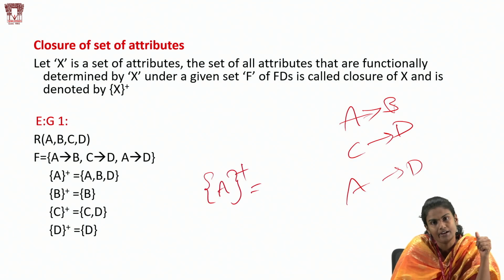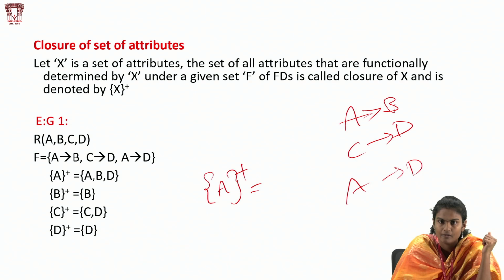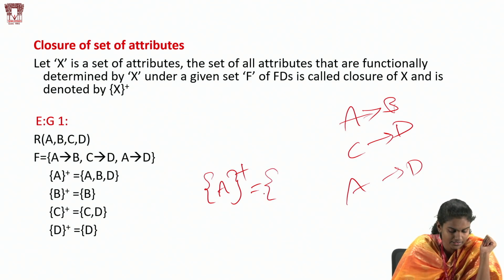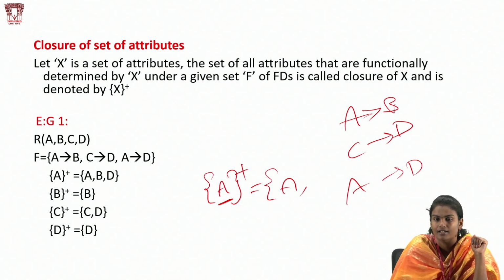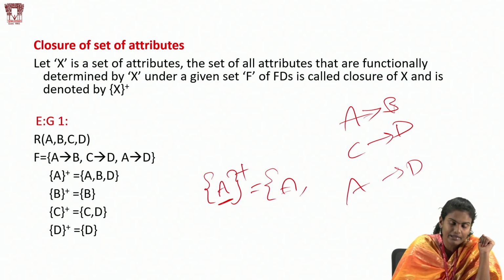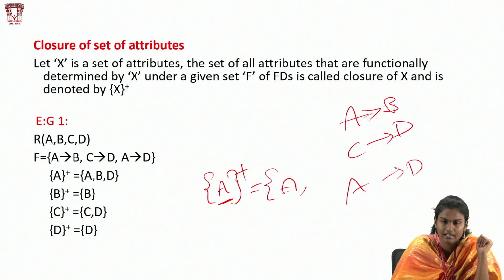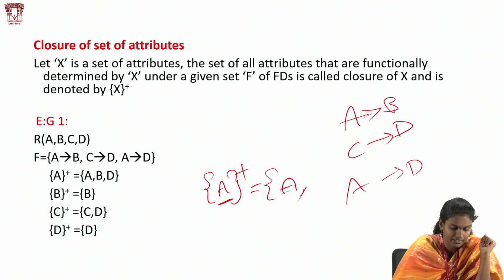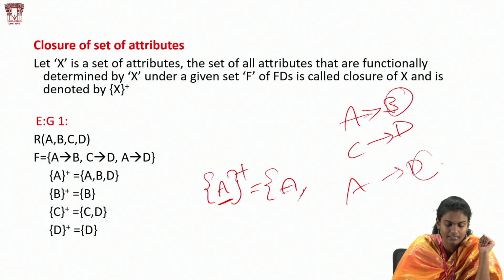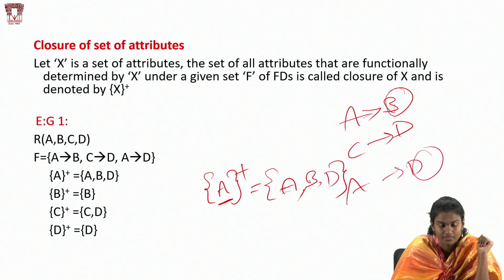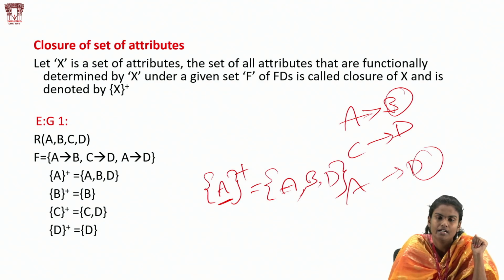It means we are finding the closure of attribute A. Whenever you find the closure of any attribute, the first thing is you have to write that attribute itself. Then write the attributes which depend on the A attribute. After writing A, you can write B and D here. B comma D. This is the way to find out the closure of an attribute.